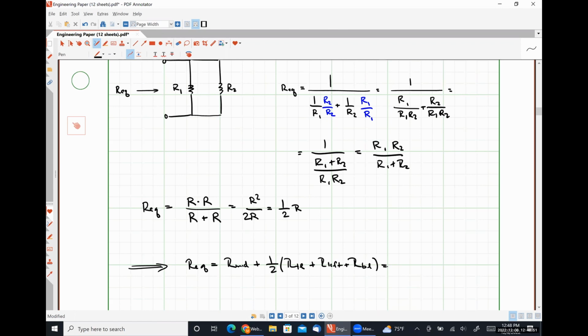And if we use the numbers that we got earlier, this is going to come out to be 1.703 times 10 to the 4 amps per, or excuse me, amp turns per Weber.